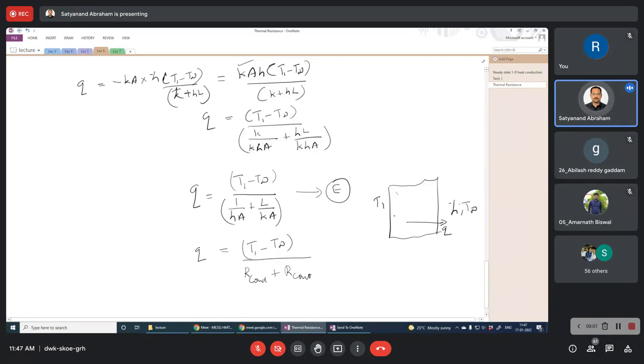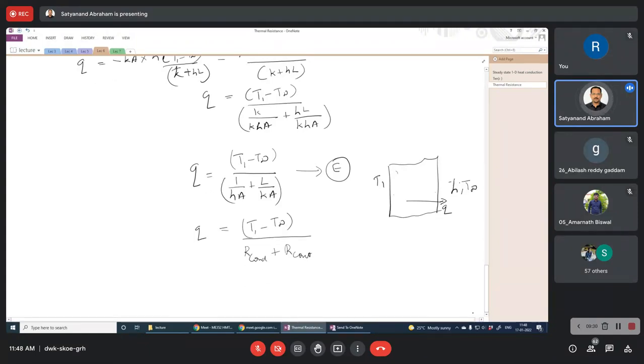Because when it is passing through the slab, there is conductive resistance, and after that, from the slab to the boundary condition or to the fluid outside, there is convective resistance. So here you can write (T1 minus T infinity) divided by (R conduction plus R convection). That means there are two modes.